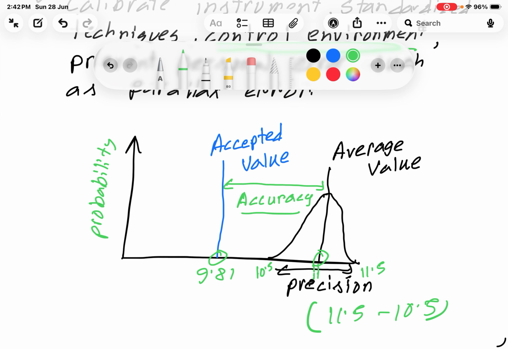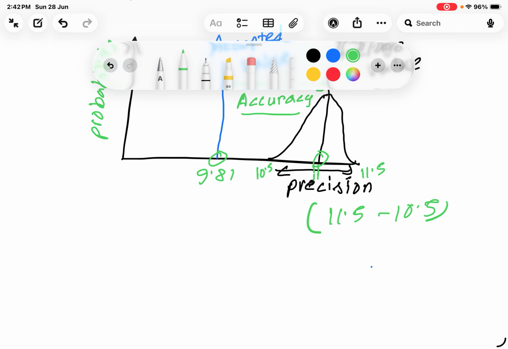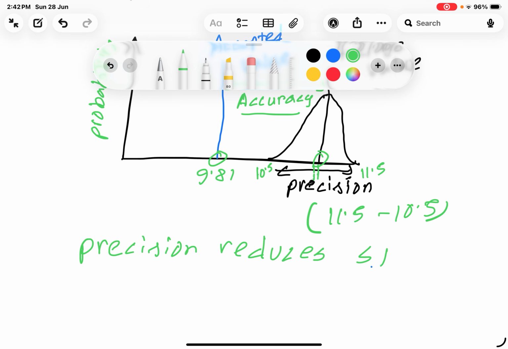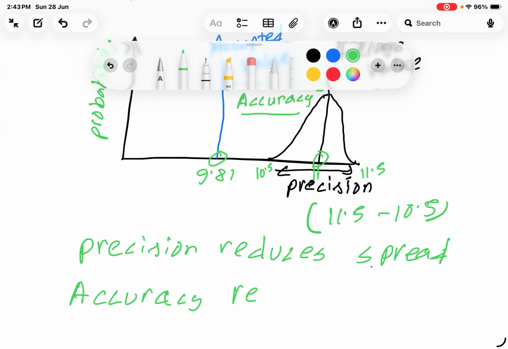So to memorize or to understand, you can write this. Precision basically reduces spread. So the values are close to each other, it reduces spread. On the other hand, accuracy reduces error. That means you are close to the expected value.